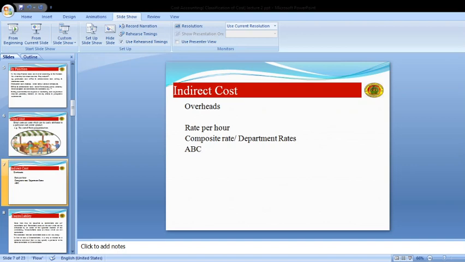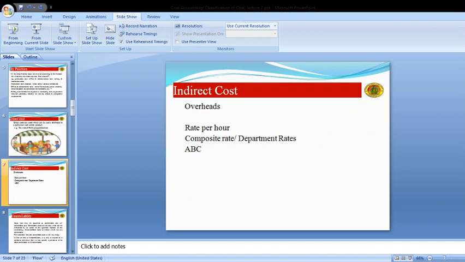We take the total of indirect costs and divide it by, say, the number of hours, and we get a rate per hour. But this is a very basic method. There are advanced methods like activity based costing. So, this is how indirect costs are charged to products or to cost centers.